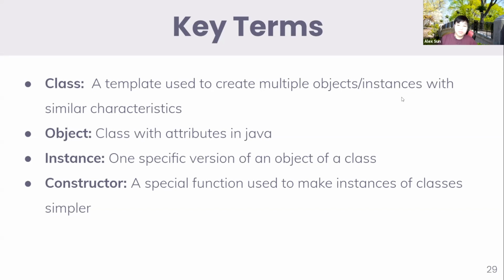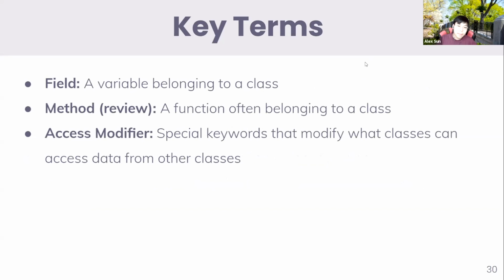Constructor, I just think of it as a special function. It's the thing that makes my life easier when I go to make a class. A field is just a variable belonging to a class. A method is just a function belonging to a class, or technically it's just a function, but in this context it would be a function belonging to a class.